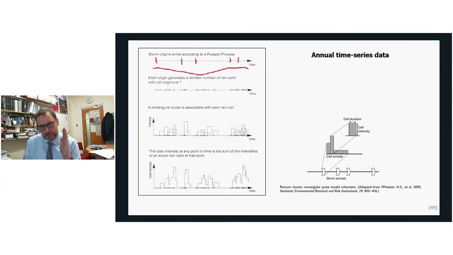So for each of those start points for a rainfall event, it then populates rain cells after them. And again, this is based on the stats about when these events would occur and what the scale of the rain cells is. Then for each of those rain cells, we can attach a depth.